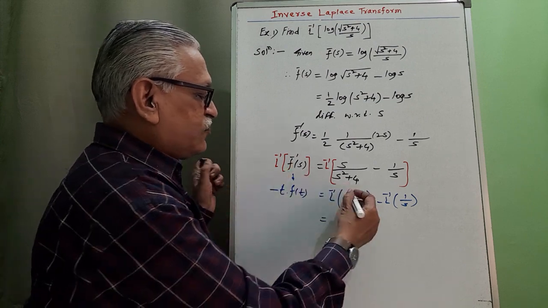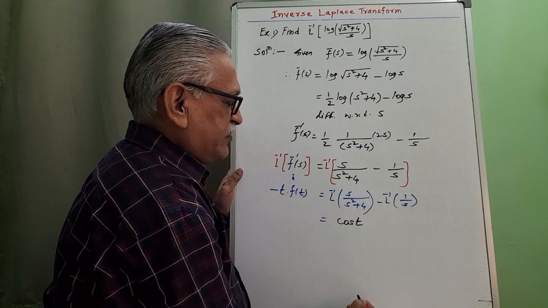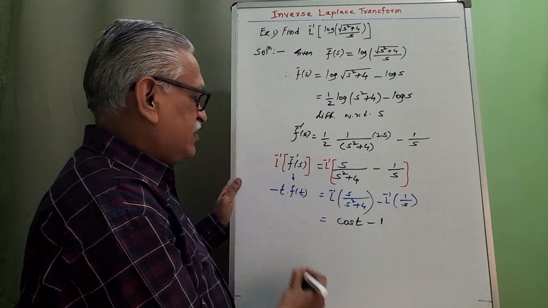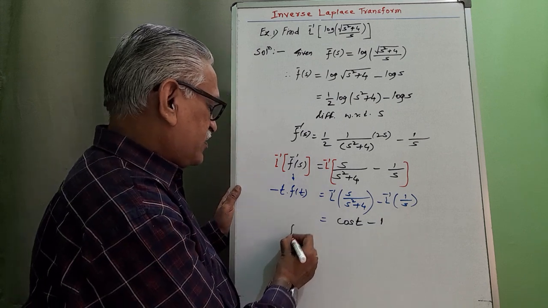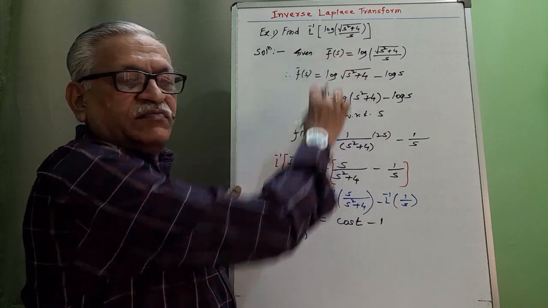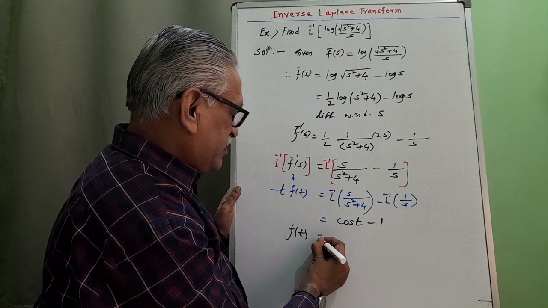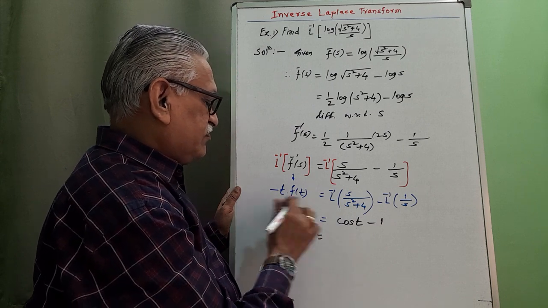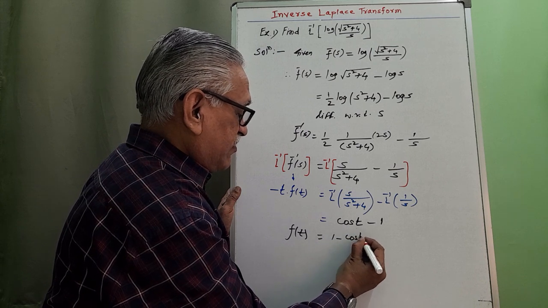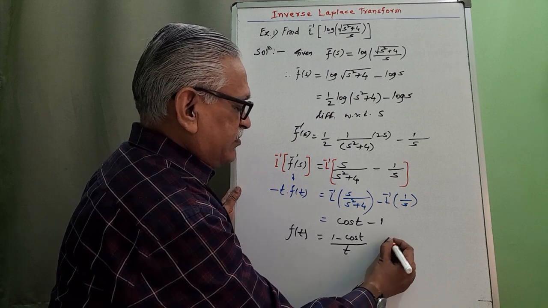inverse of s upon s square plus 4, standard result, it is cos t, minus inverse of 1 by s is 1, and therefore next step, f of t means the inverse of that f bar of s, dividing by minus t we get 1 minus cos t whole divided by t as answer.